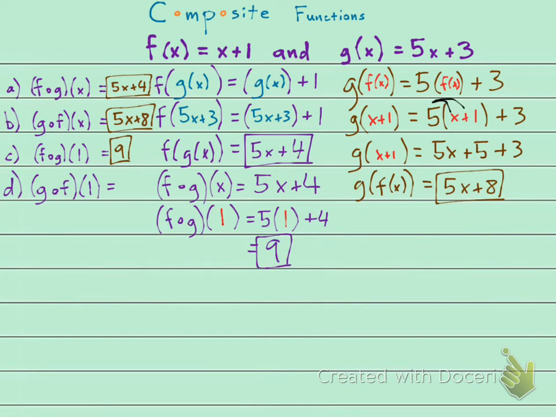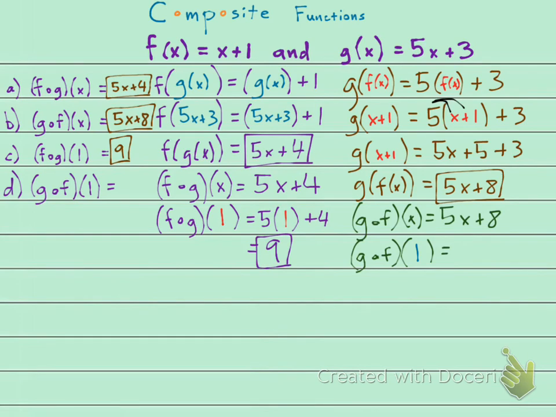And then we'll come over here. If I know, let me get a different color, let's go with dark green, that the g of f of x is 5x plus 8, what is the g of f of, and right here they want the number 1. What is the g of f of 1?